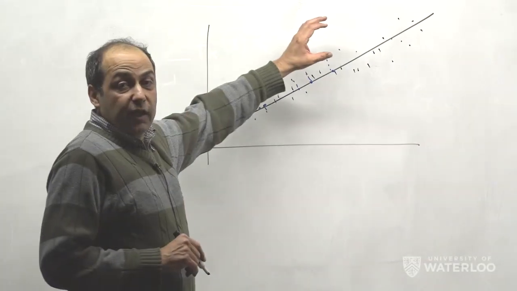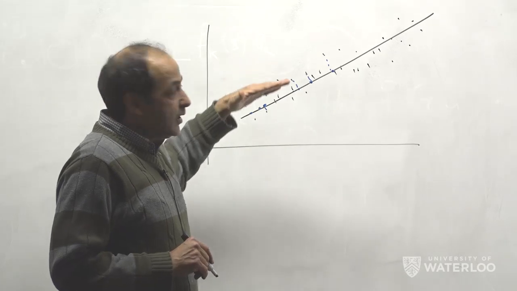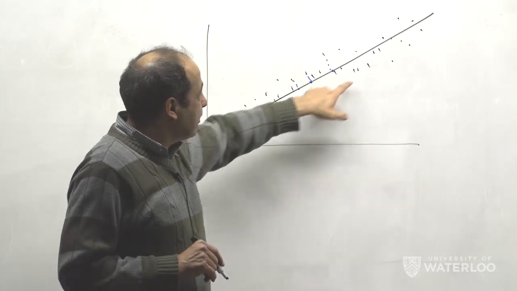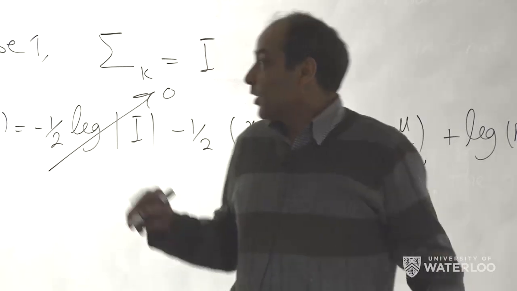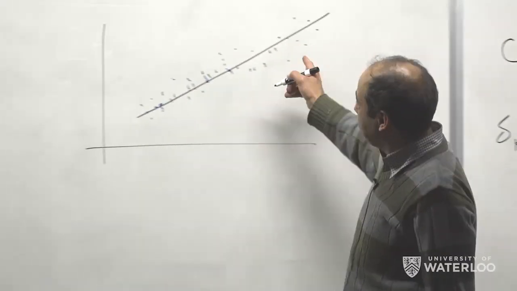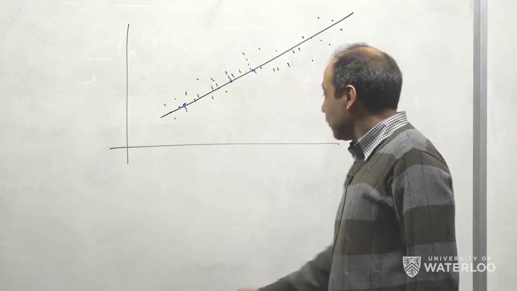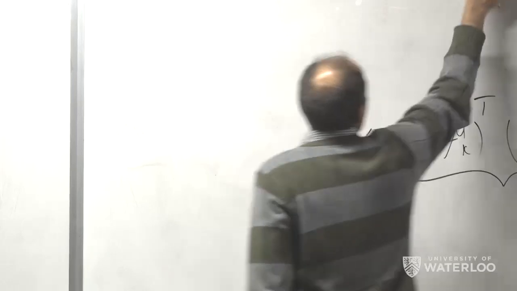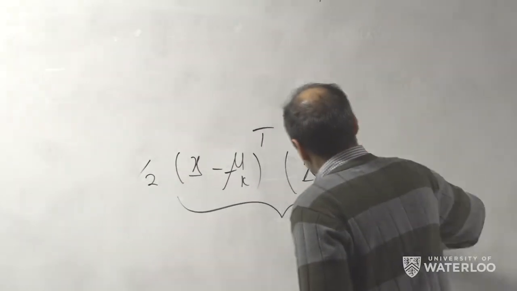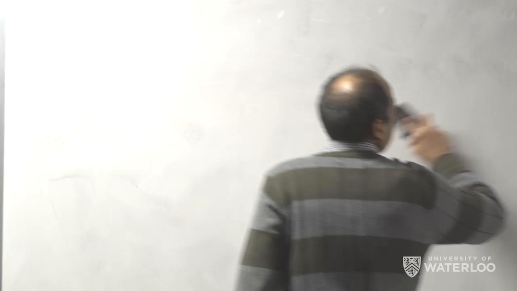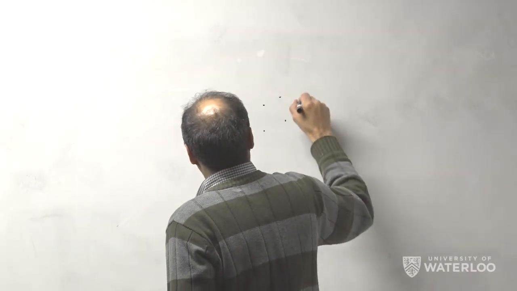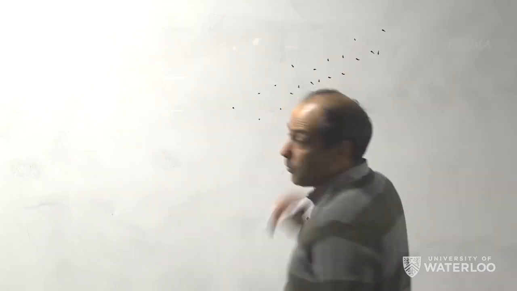So one interpretation of PCA is that PCA is a direction of maximum variation of the data. So these points, suppose that I'm looking for a one-dimensional vector in this space, and I want to project all points on this one-dimensional vector. These are my points, right?